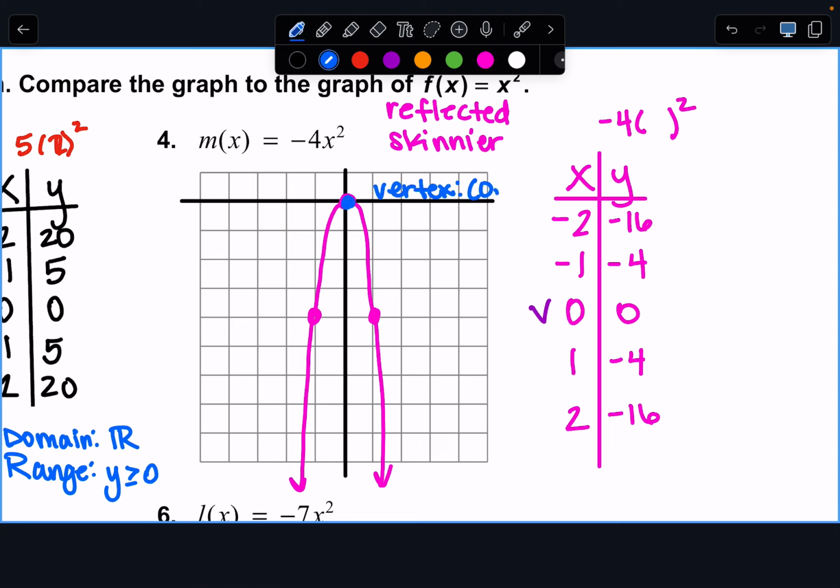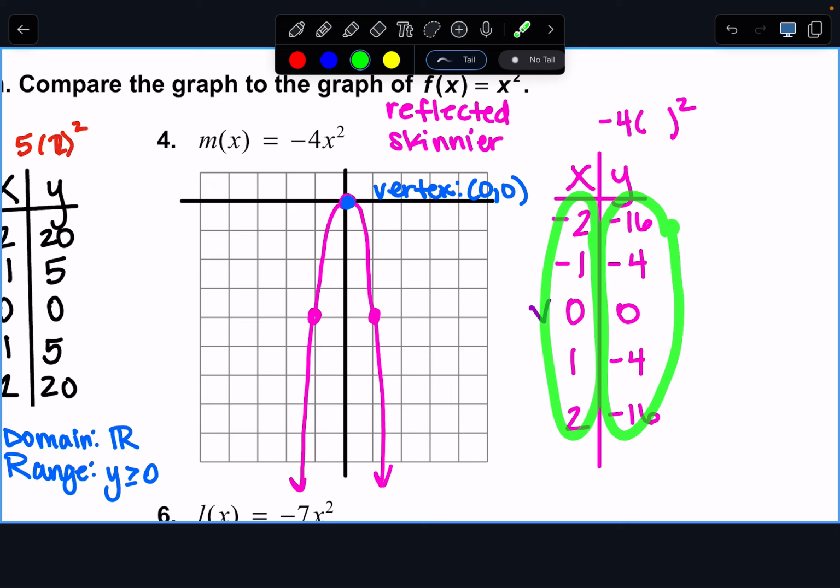So if it's going down, would we use the negative? Would we use the negative vertex? Like which x and y pairs do we pick to put on the graph? So I'm telling you right now, just use these x numbers and then plug them in to get these y numbers and then put them on the graph if they fit.